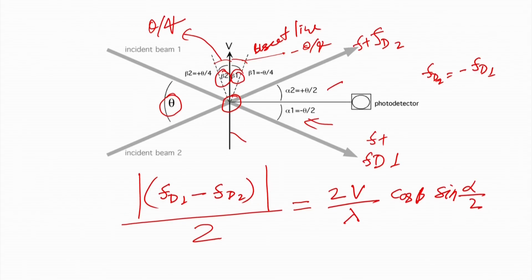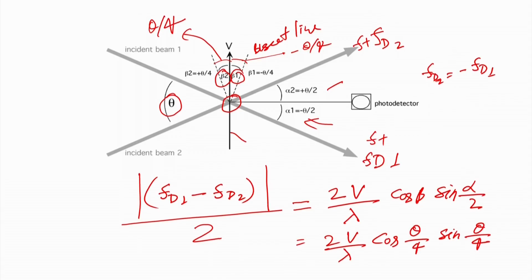Okay. So, now what will be the alpha angle? Alpha is given as theta by 4. So, this will be 2V upon lambda, cos of theta by 4, sin of theta by 4. Now, if we are talking about beam 1 or beam 2, the angle can be plus or minus.